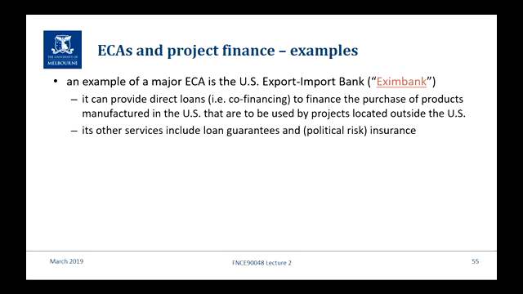So it's set up as an export credit agency, but also as a bank. So it's one of the ones that does focus more on lending. So providing direct loans, which I keep calling co-financing because it's never instead of bank lending, it's always alongside bank lending. To finance the purchase of products manufactured in the US that would be used by projects located outside the US. It also gives these other insurances as well.